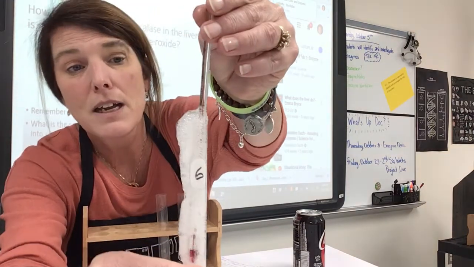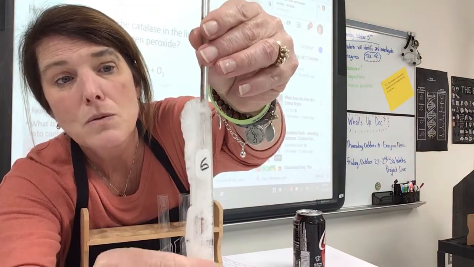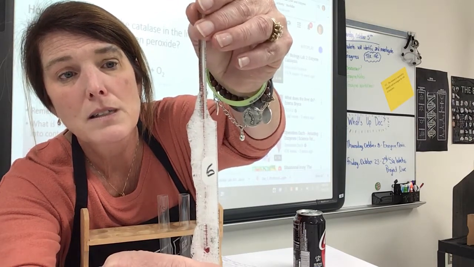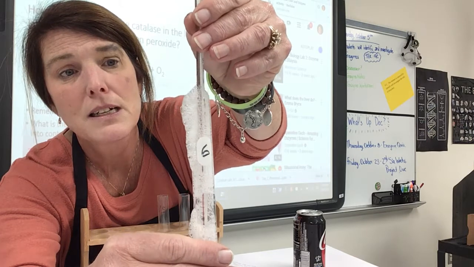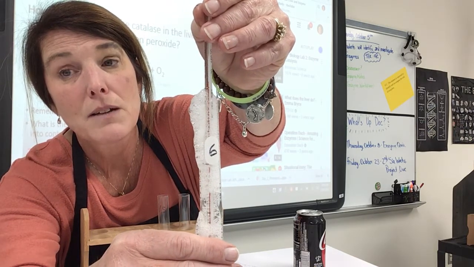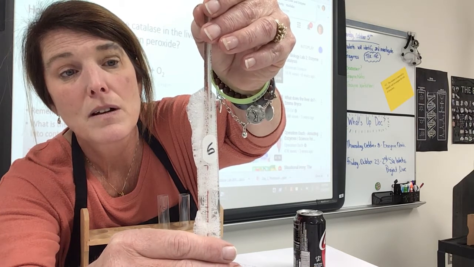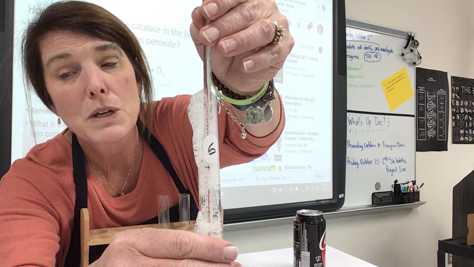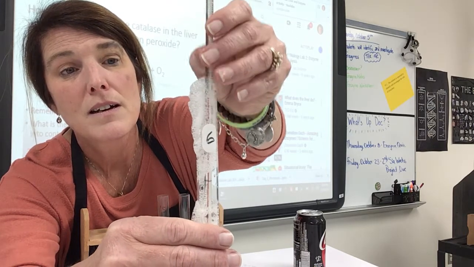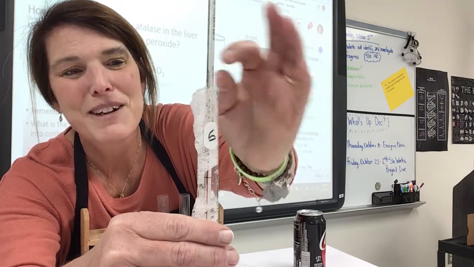It has shot up to 25 degrees Celsius and it's still going. It's going up to 26. It's still going. I'm going to give it 20 seconds or so. We're headed up to 27. Can't see because there's so many bubbles.